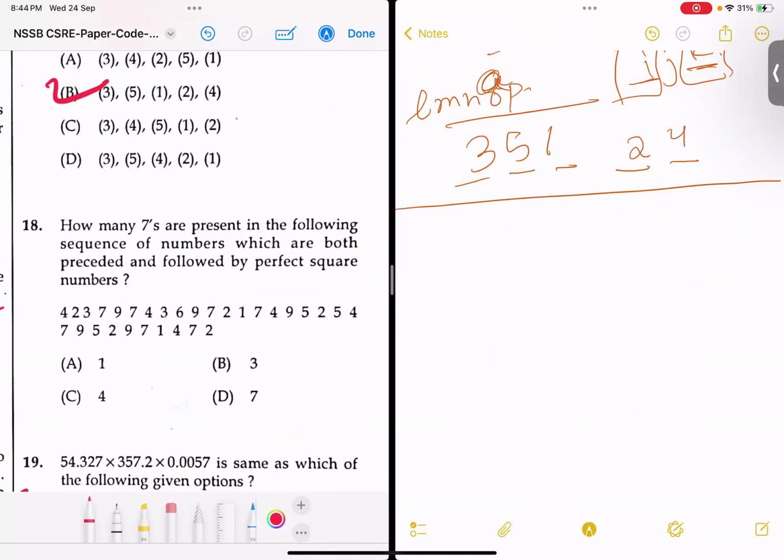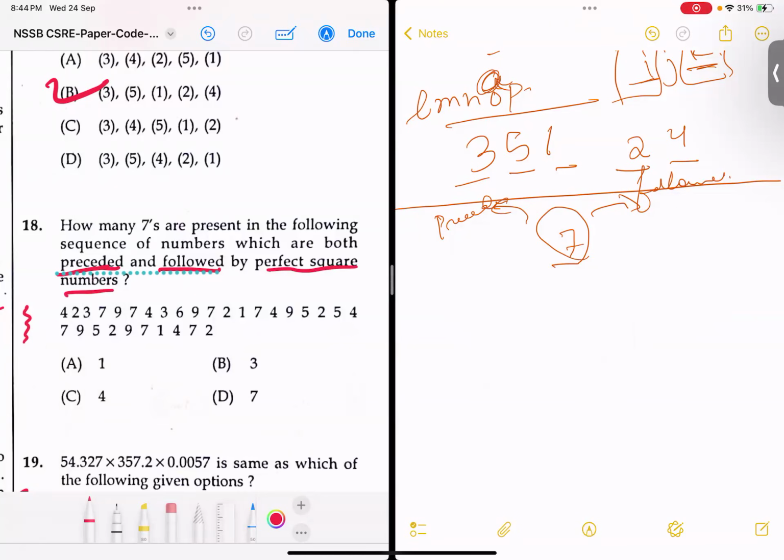Question number 18. How many 7s are present in the following sequence of numbers, which are both preceded and followed by a perfect square number? Okay, so here we have a certain series of numbers, and we have to choose how many 7s are there which are preceded, meaning before this number, as well as followed, the one which comes after, by perfect square numbers.